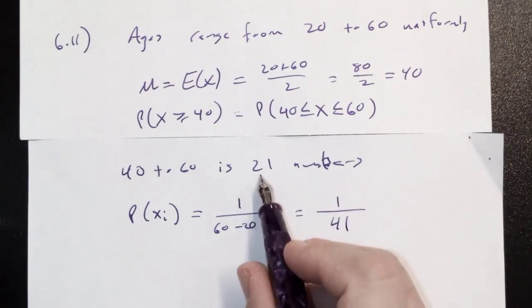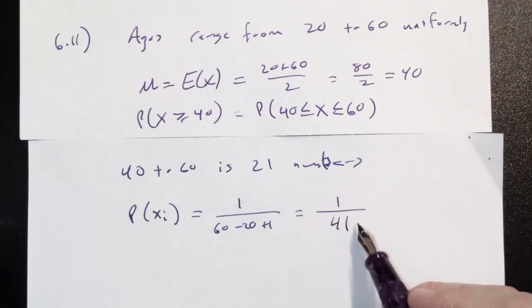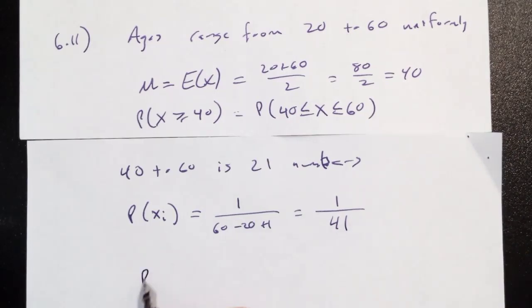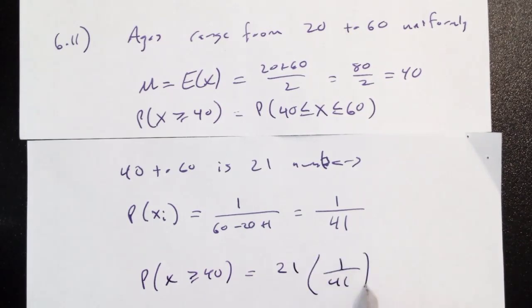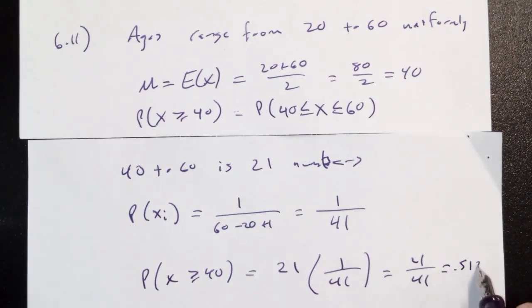Now we're asking 21 numbers, each with a probability of 1 over 41. So the chance of getting a number bigger than or equal to 40 is 21 times 1 over 41, which is a little bit bigger than 50%. As a matter of fact, to 4 decimal places, that's 0.5122.